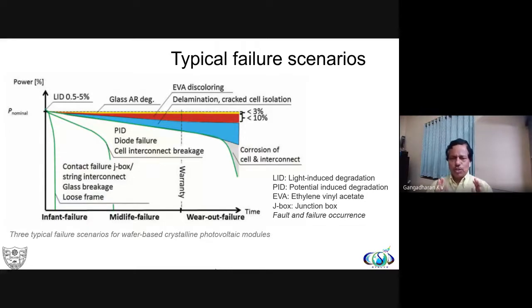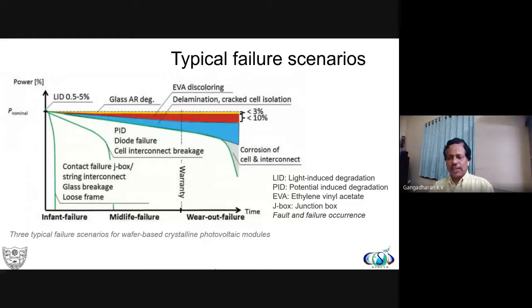So if your cells are fading out quickly, then it is called infant mortality or infant failure, which is light induced degradation. That could also be because of manufacturing defects, construction defects or assembly defects, etc. Then comes PID. It is not the same PID as what we heard in control systems.